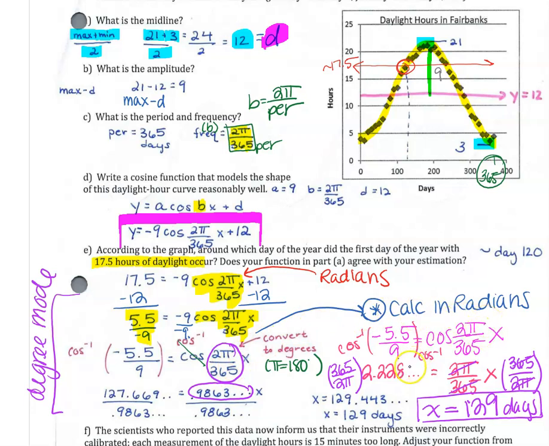Then you can do pretty much the same stuff that I did on the left, but with my calculator in the mode so that it reads the appropriate language. No matter what, you're going to get the right answer. Ultimately, it's up to you. Convert to degrees and keep your calculator in degree mode, or change your calculator to radian and solve in radian mode. No matter what, you're going to get 129 days.